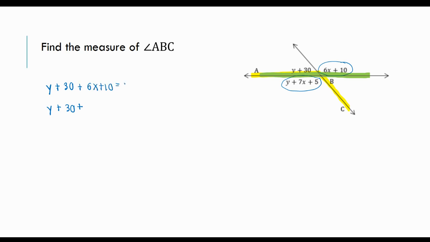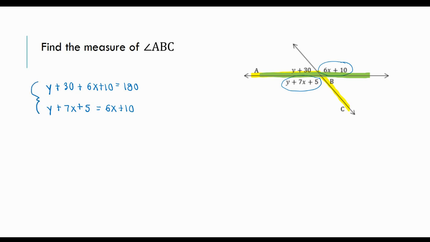So that was right: y plus 30 plus 6x plus 10 equals 180. And then down here, y plus 7x plus 5 is going to equal 6x plus 10, because once again, those are vertical angles, and vertical angles are congruent.